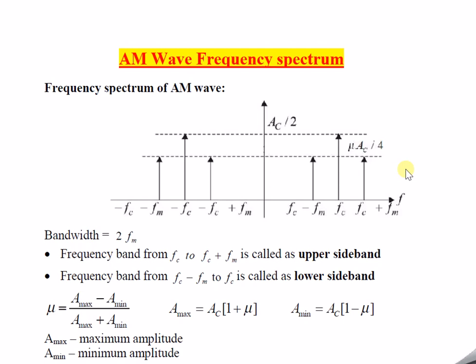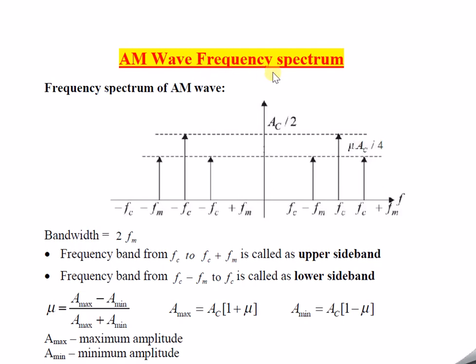Which signal? The signal which we want to analyze or understand in detail. So what range of frequencies are there in that particular signal, that is called the frequency spectrum.